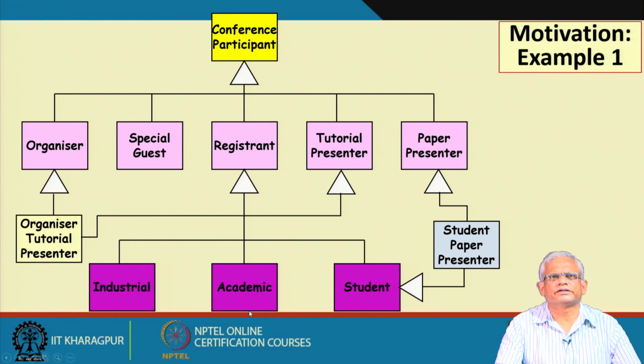So, you can see that as we make the conference more flexible, the number of classes here increases drastically. This is a natural use of inheritance. Wherever we found that there is a special thing that has been permitted, we just extend this class hierarchy.